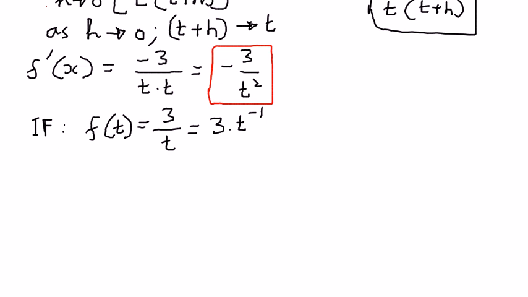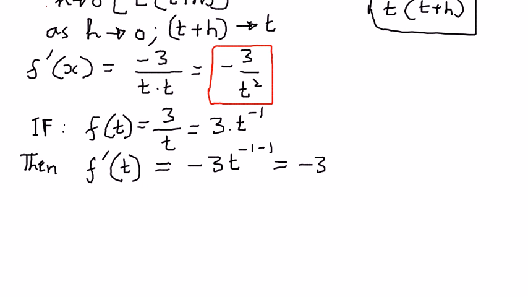Therefore, using the power rule, I can write the first derivative as follows: f prime of t is going to be equal to negative 3 t to the power of negative 1 minus 1. So I can write this one as negative 3 t to the power of negative 2.